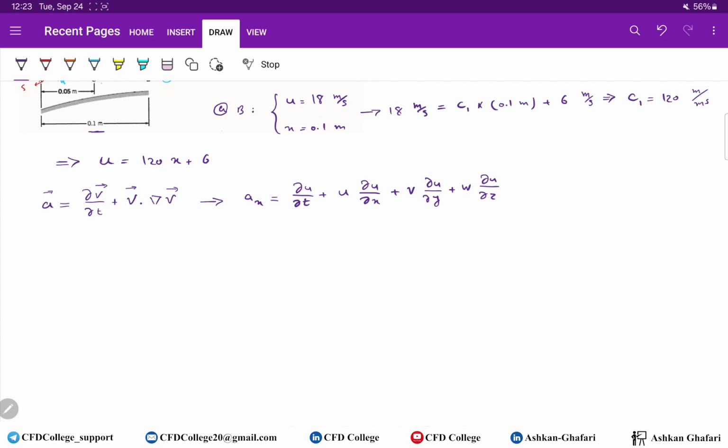And we have the same for ay and az. You just need to replace u in these terms by v and w.